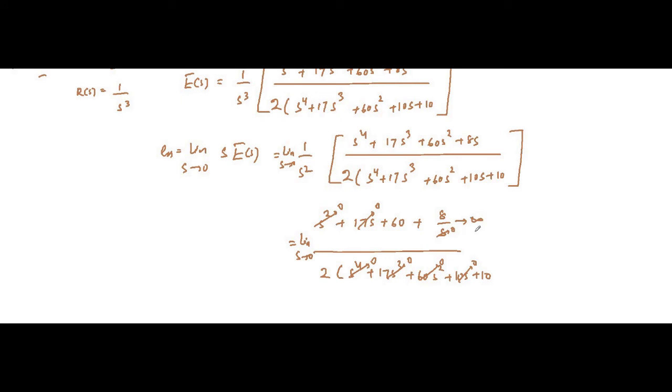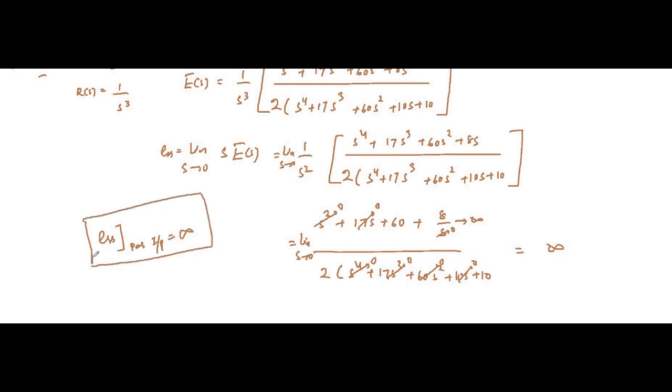So when there is infinity in the numerator, no matter whatever other expressions are there in the numerator or the denominator, the result will be infinity. So here the steady state error for this non-unity feedback system for unit parabolic input is infinity.